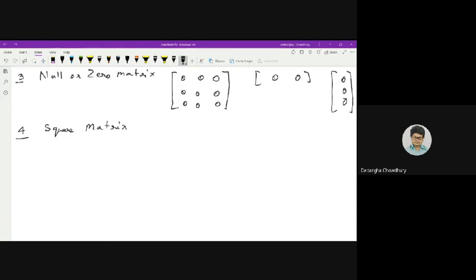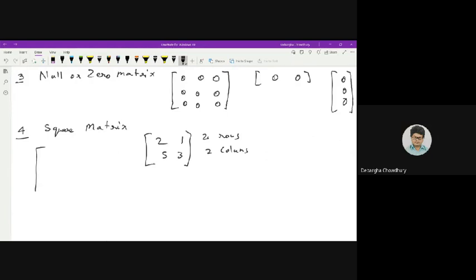So, what is a square matrix? A square matrix is a special type of matrix in which the number of rows and the number of columns are always equal. Suppose this 2, 1, 5, 3. This matrix contains two rows and two columns, so it is a square matrix.